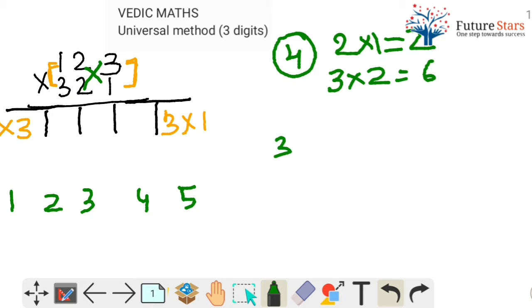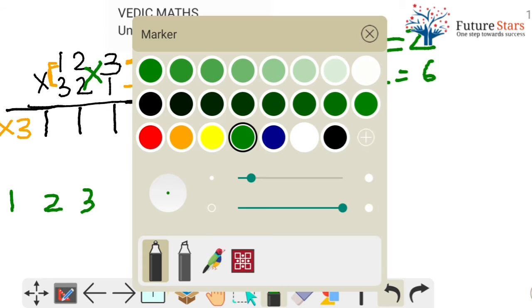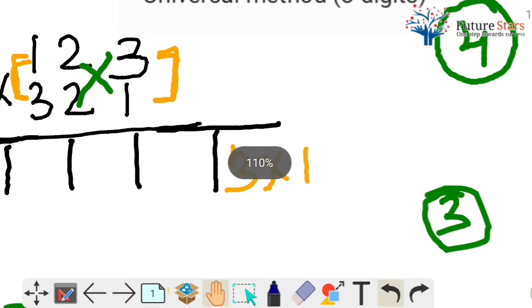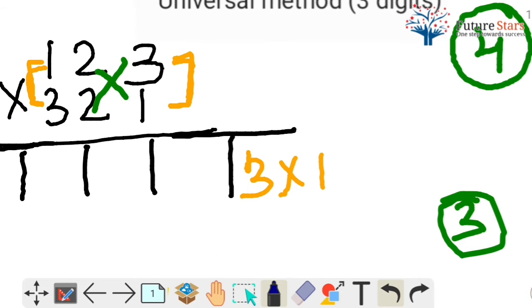In the third block what you have to do is cross multiplication between all the numbers. I'll zoom in a little so that you can see it clearly. Like 1 into 1 and 3 into 3.